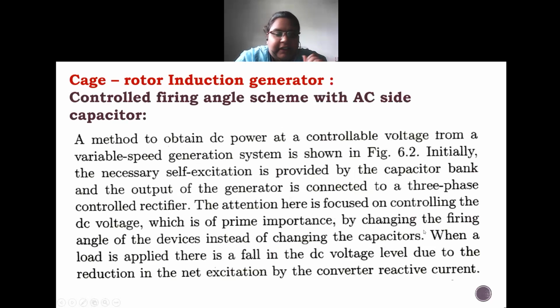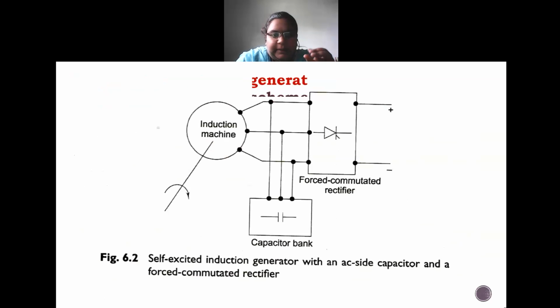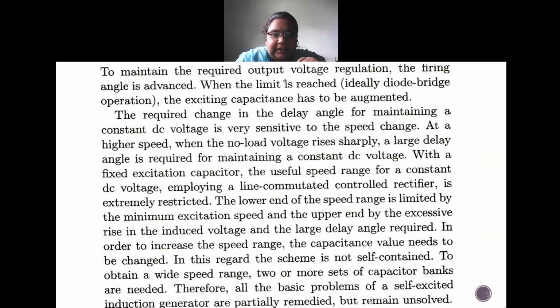When a load is applied, there is a fall in the DC voltage level due to the reduction in the net excitation by the converter reactive current. So he is saying that whenever we have a load, the DC side voltage will be reduced. To maintain the required output voltage regulation, the firing angle is advanced. So we are trying to manage the DC side voltage using the firing angles, right?